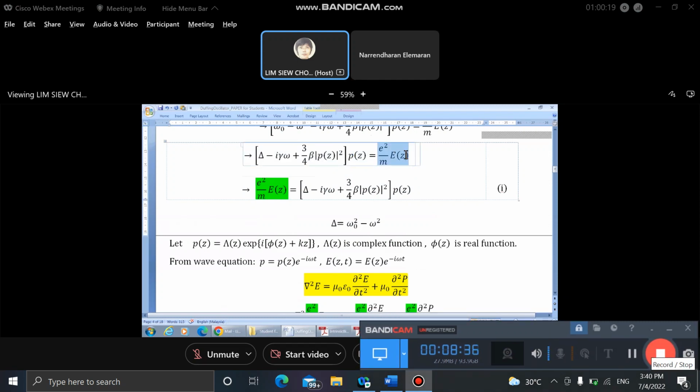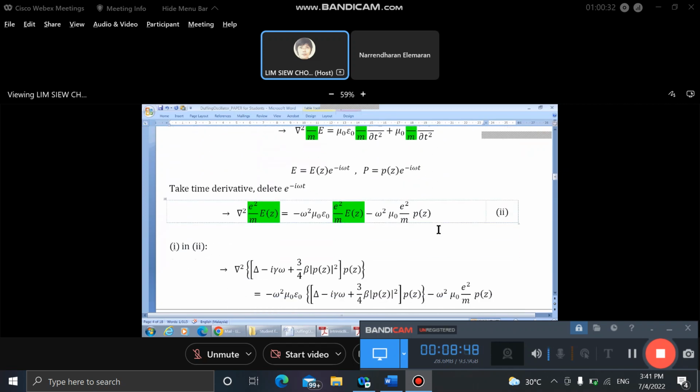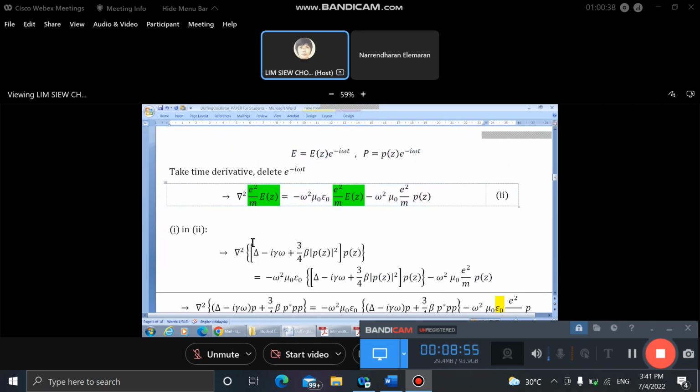Okay, this goes to the left and then this goes to the right. So this green term equals this whole thing. So whenever I see this equation 2, the green term I replace with this. So this is what I replace. So this is the green terms.